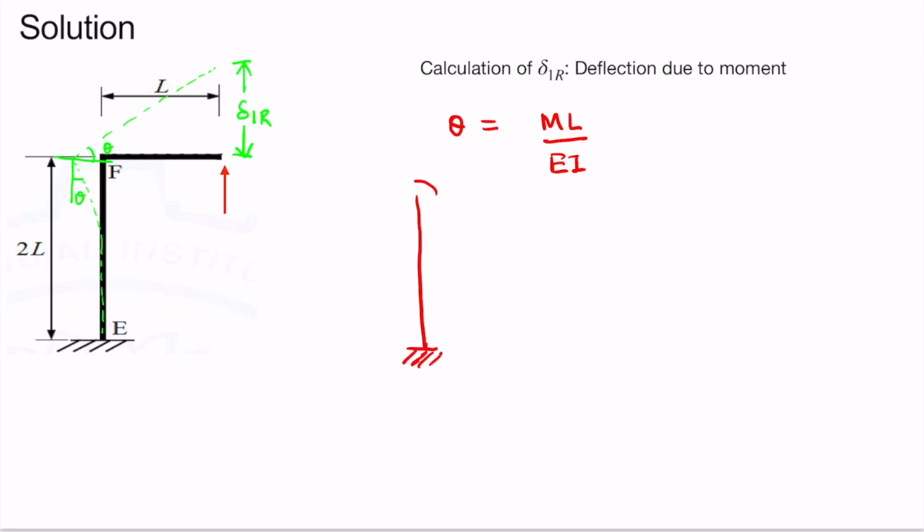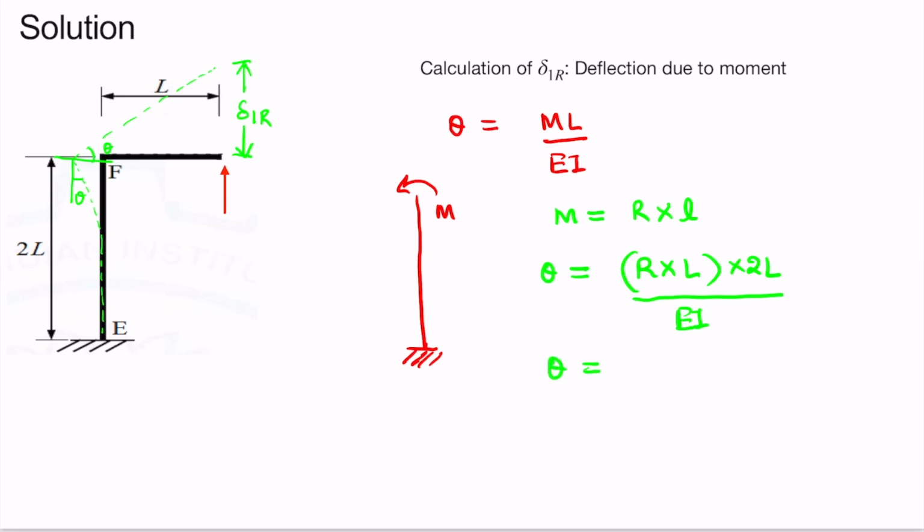In this case, let's see what is the value of M. The moment here will be due to this point load, and the value of this moment is R into L. Therefore, we will calculate theta as R into L multiplied by the length of this column, which is 2L, divided by EI, which is the flexural rigidity of the column.